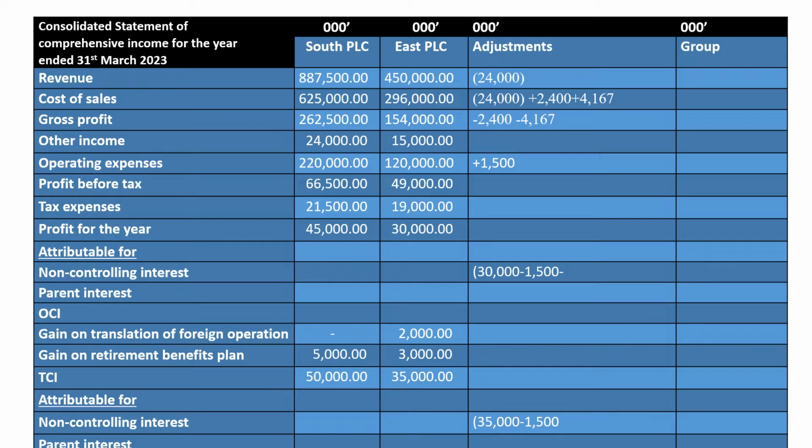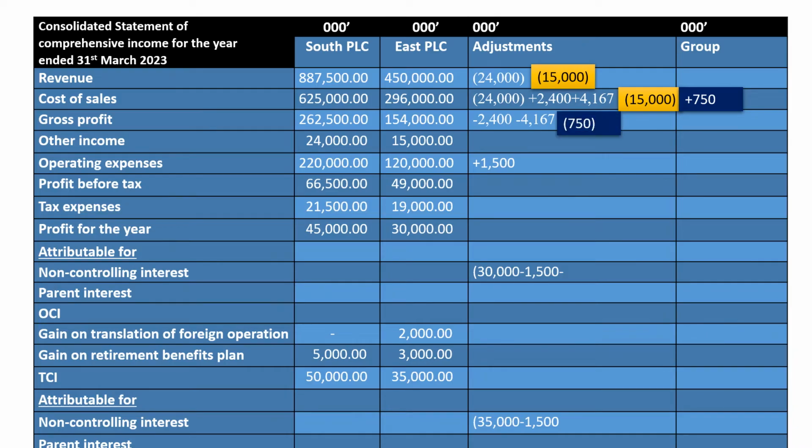As earlier, we are going to remove this intercompany transaction from the revenue as well as the cost of sales. Then the unrealized profit of 750 should be added back to the cost of sales, and we have to remove it from the gross profit.